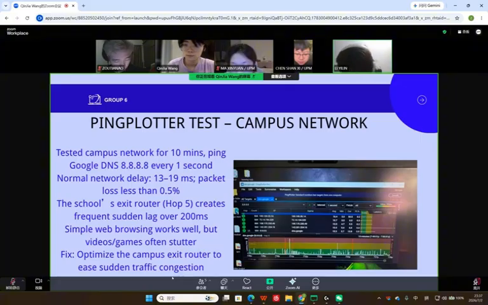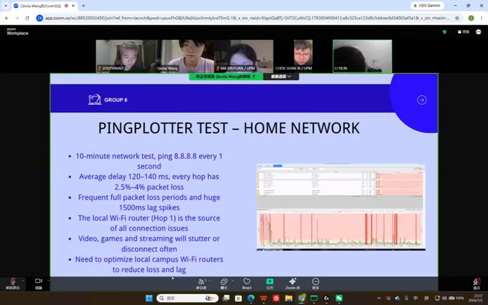Next page. After that is a home network test. We also pinged 8.8.8.8 for 10 minutes. Its average delay ranges between 100 and 1400 ms with 2.5% to 4% packet loss on every hop.